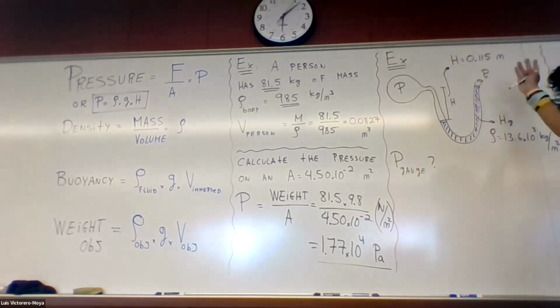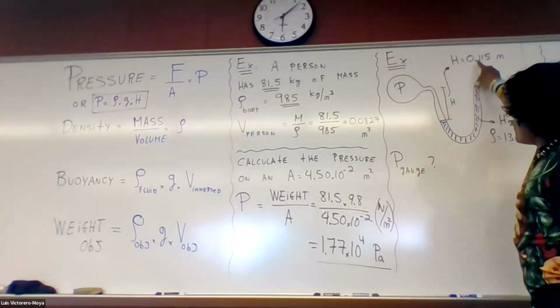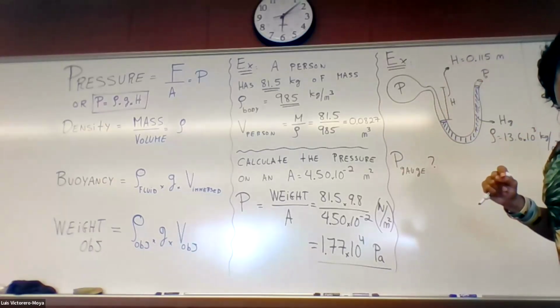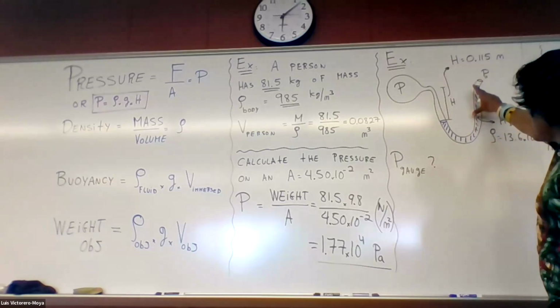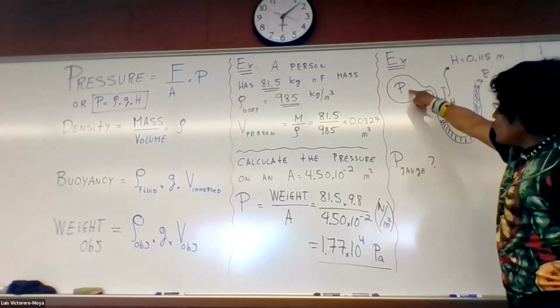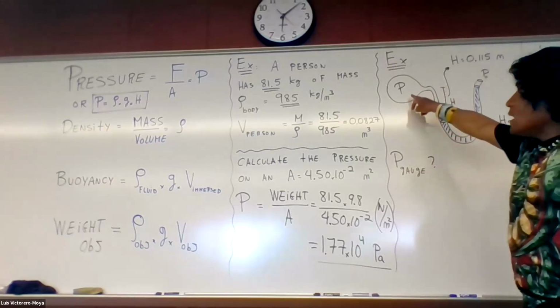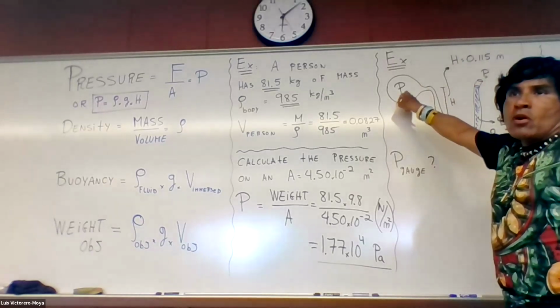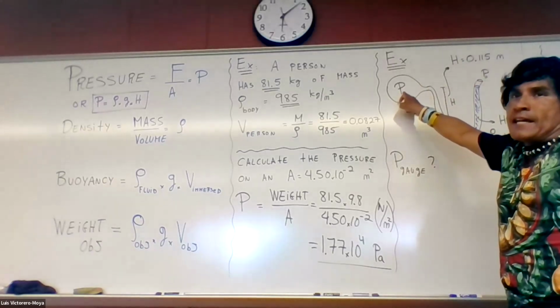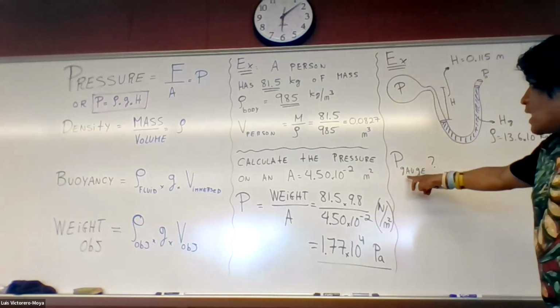Basically, you have a column difference of 0.115 meters, a difference in height. That side is open, and this is closed. But the problem is asking you to find the gauge pressure in here, not the absolute pressure, just the gauge.